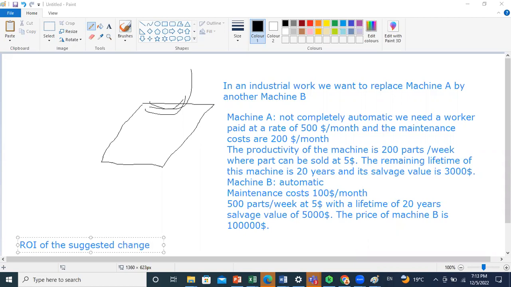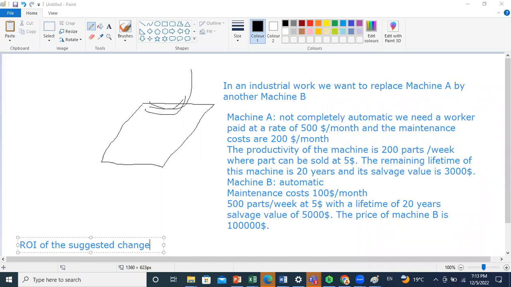In order to decide if we should go for it or not, we should first do an economical analysis to see the amount of profit and the payback period, to decide if we keep machine A or sell it.